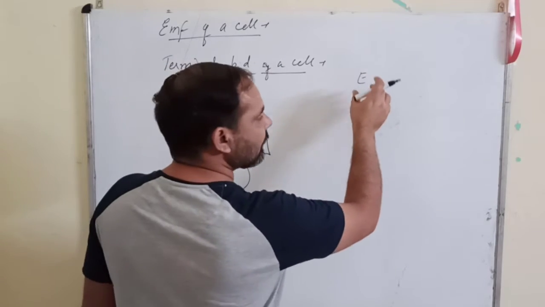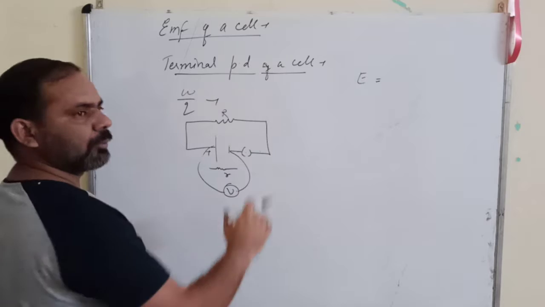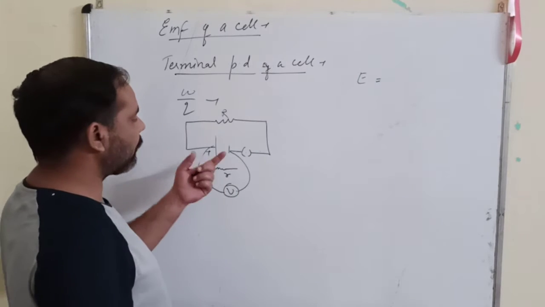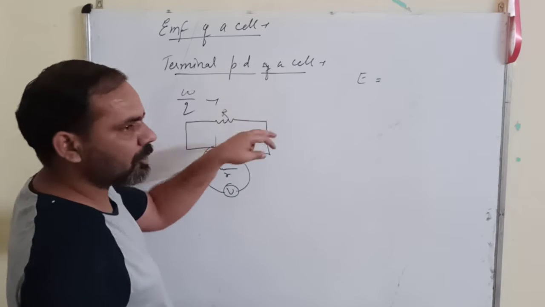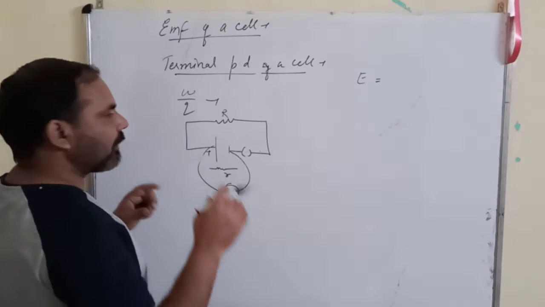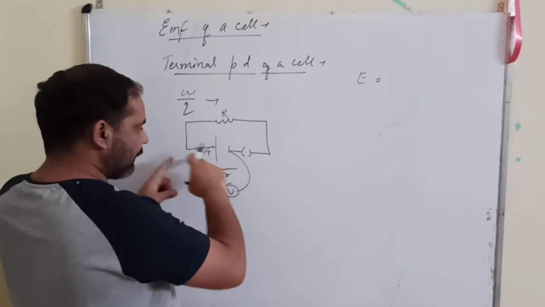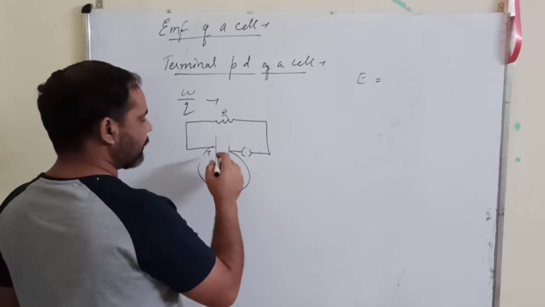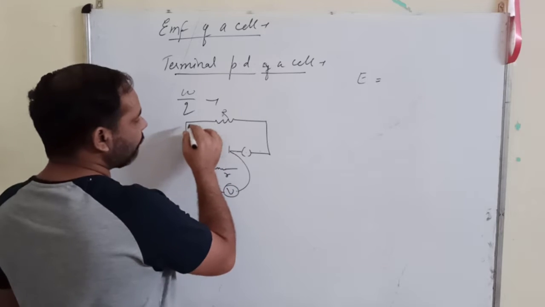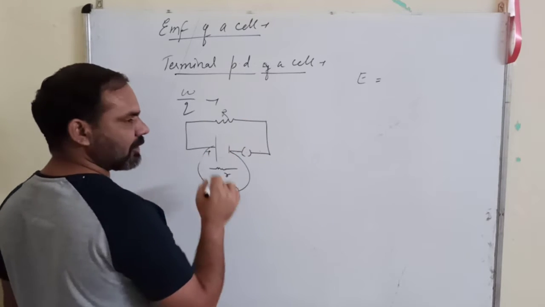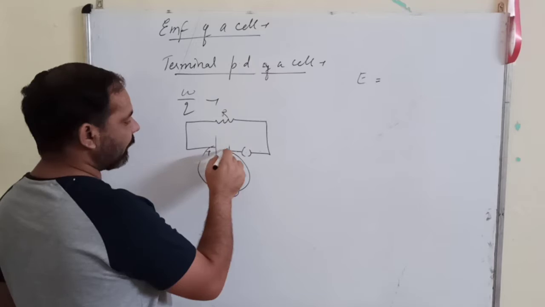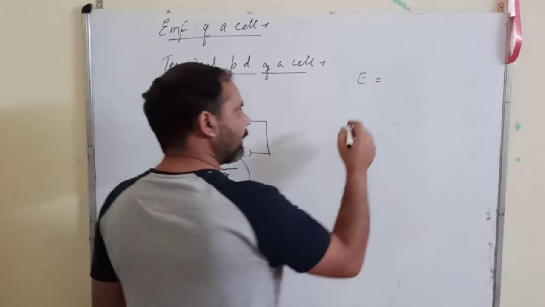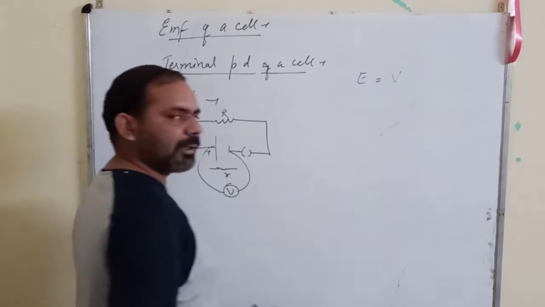Total energy, or you can say the total work that the cell can do on a charge to take the charge from positive to negative. That total work can be divided into two parts. Some amount of work is done in taking the charge through this distance from the positive terminal towards the negative terminal, and that is your terminal potential difference.